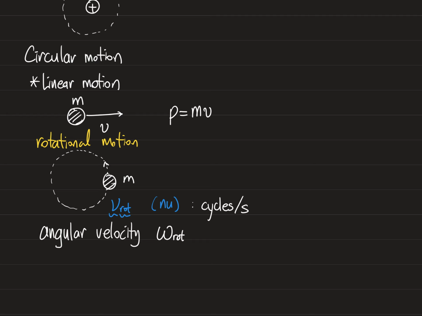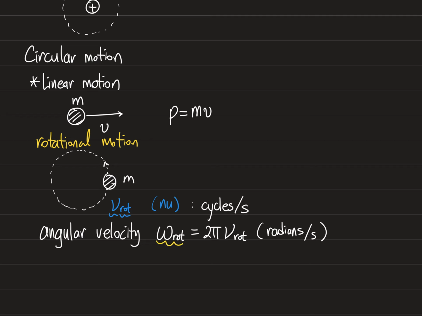This is simply 2 pi multiplied by nu rot. This tells us how fast the object is rotating in radians per second. So the unit is radians per second.